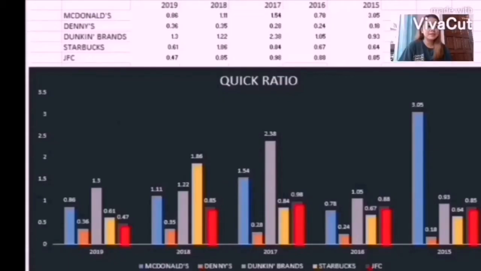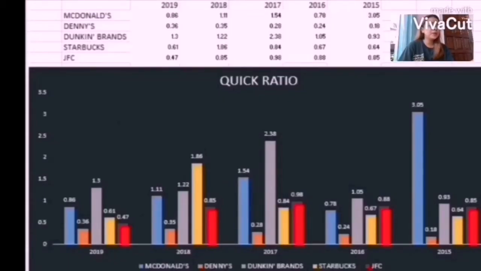For us to have a better picture of the industry analysis of JFC, we will also be using the quick ratio formula or the acid test ratio formula, which is the cash plus short-term investments plus current receivables minus the inventory and minus the prepaid expenses over the current liabilities.